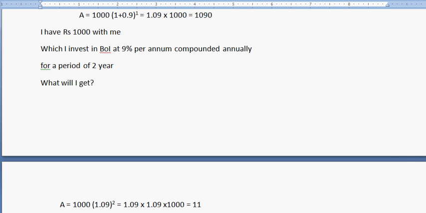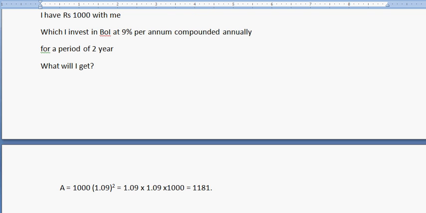So when we invested the amount 1000 in simple interest, what we were getting is 1180.